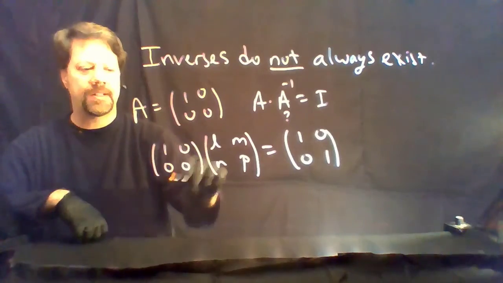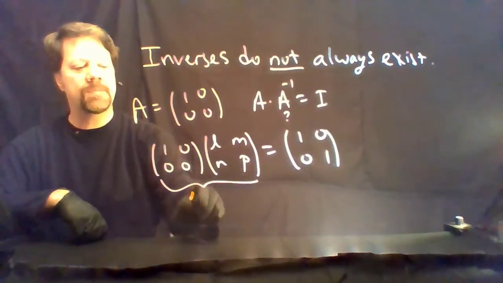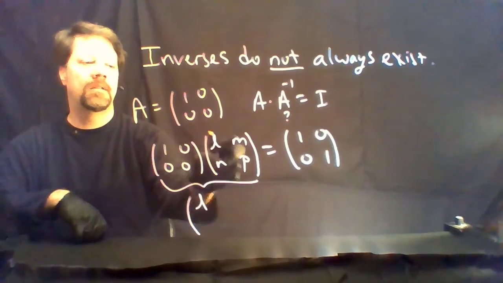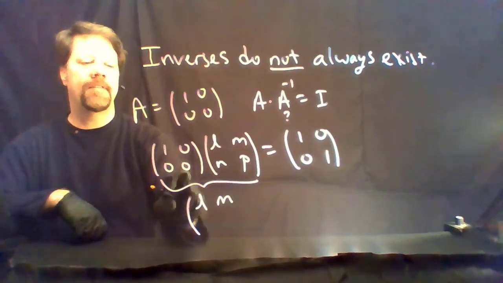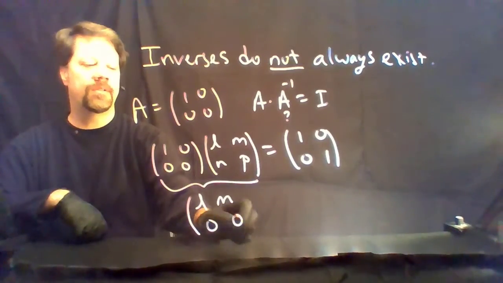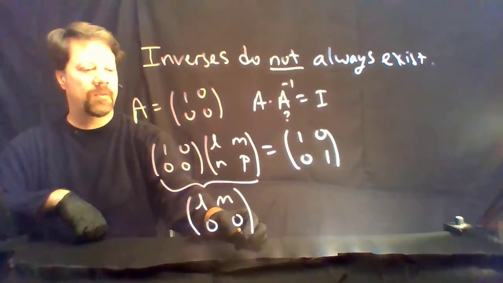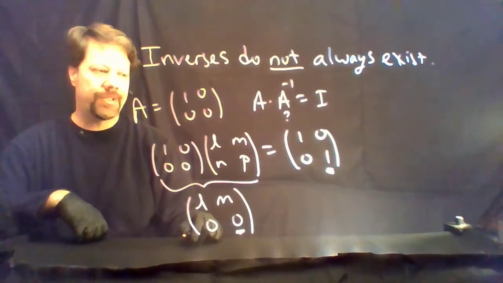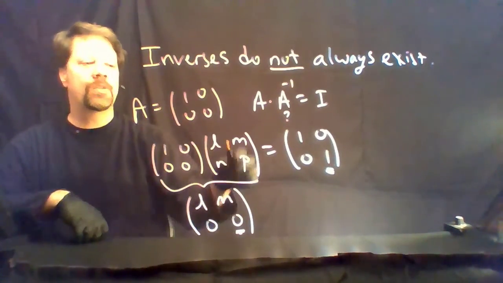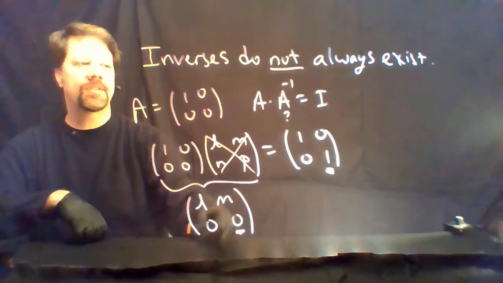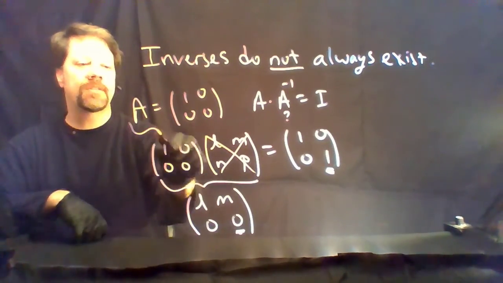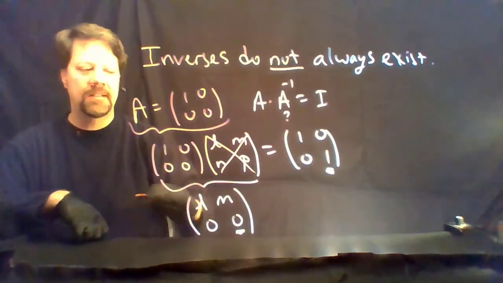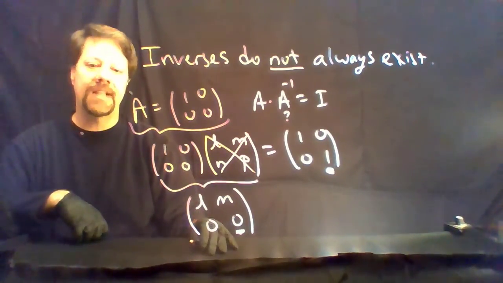Is that even possible? This product is equal to L, M, and then 0, 0. We have the problem with this being equal to this. That can't happen. 0 does not equal 1, which means that no such matrix exists. So this matrix has no inverse, and that's entirely possible. Some matrices don't have inverses.